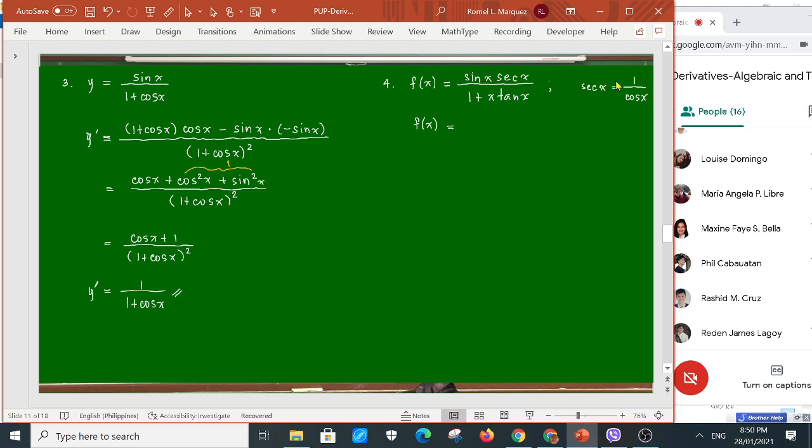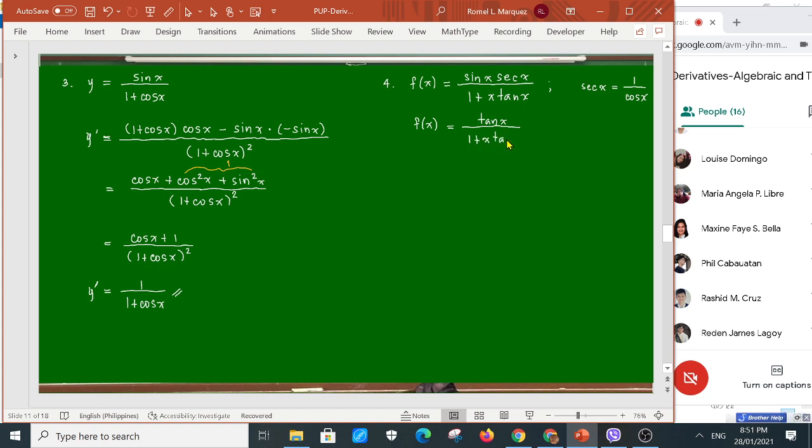So, sine x times 1 over cosine x is sine over cosine. What is sine x over cosine x? Tangent x. The reason why I changed it to tangent is that the denominator contains tangent, so it is better to express sine x secant x as one function, so that when you differentiate later, it is easier.